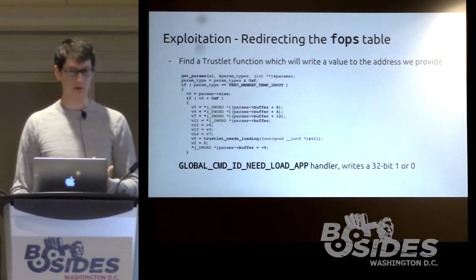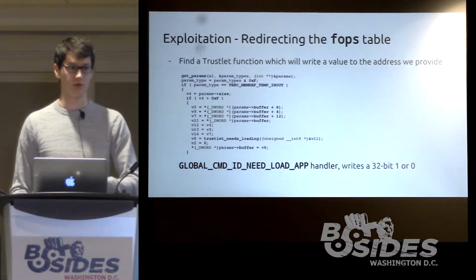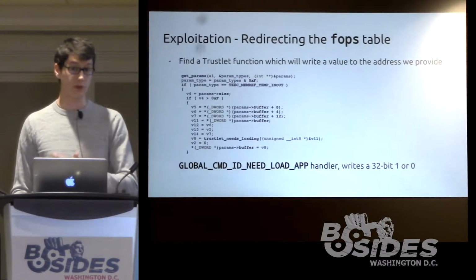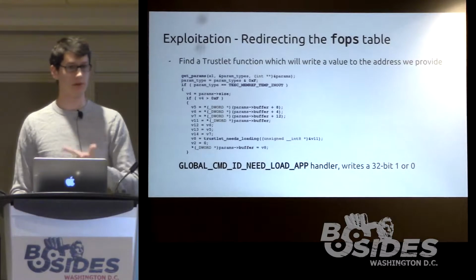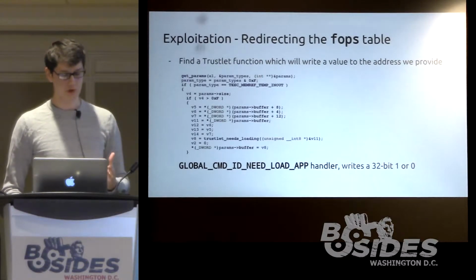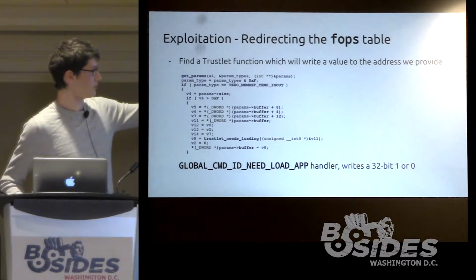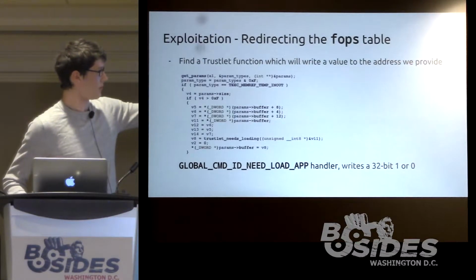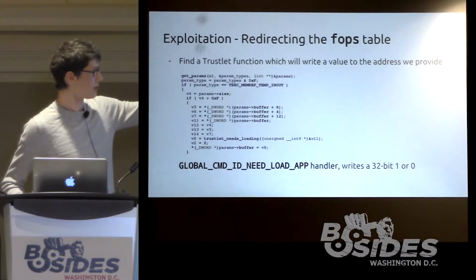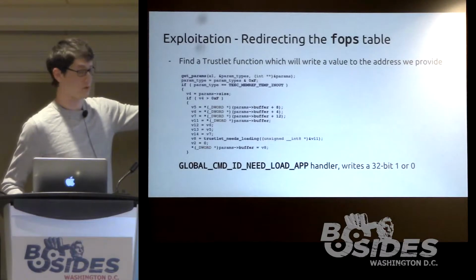The way this works is we pass up a buffer to our TrustZone kernel, and we say, this buffer points to a UUID string. Can you make sure it doesn't exist in the current list of loaded UUIDs? Once it does that check, we can see it here, it takes params.size, and this makes it look like it's actually 16 bytes. It loads the value of the UUID onto the stack, and then it calls this function, trustlet needs loading.